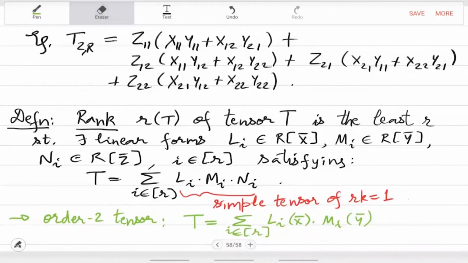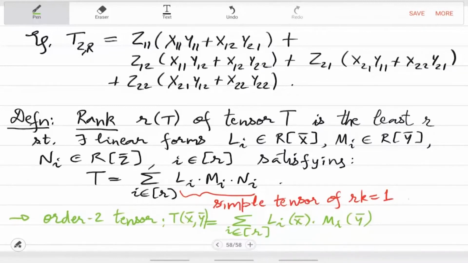So this is a polynomial in x bar, y bar. For a polynomial T of x bar comma y bar, with the tensor rank defined this way, the smallest r. Can you see that this is just matrix rank?